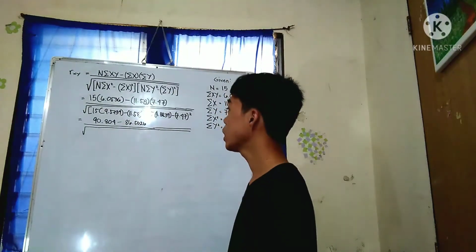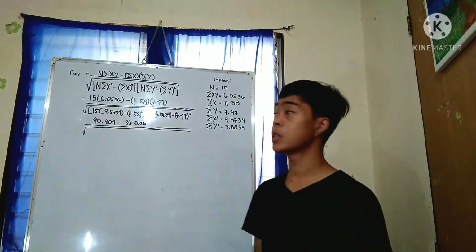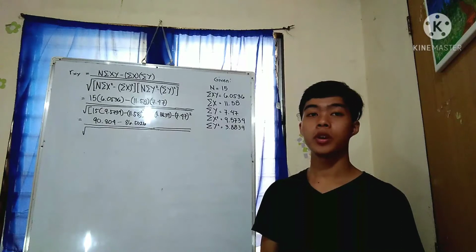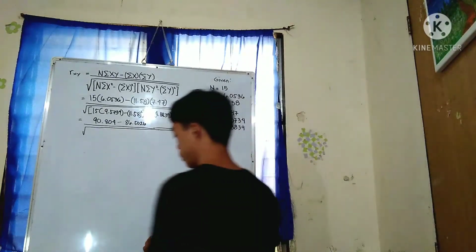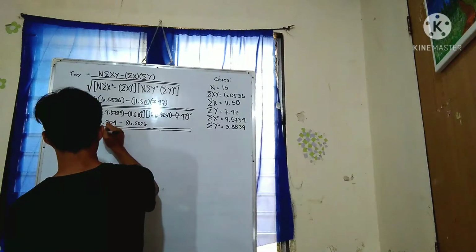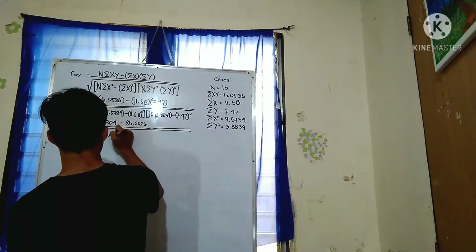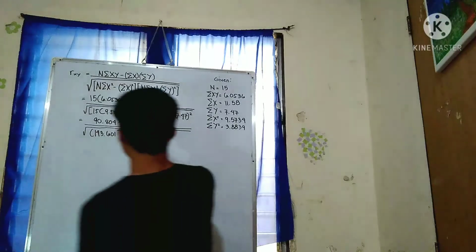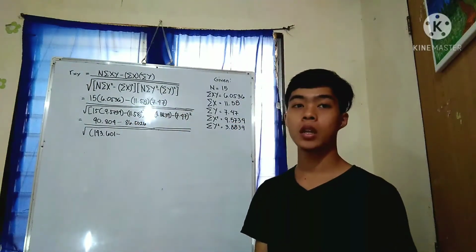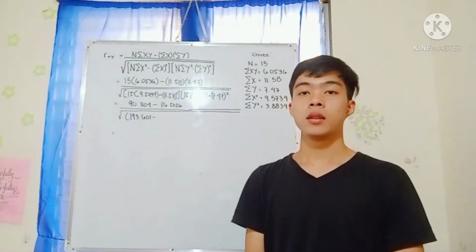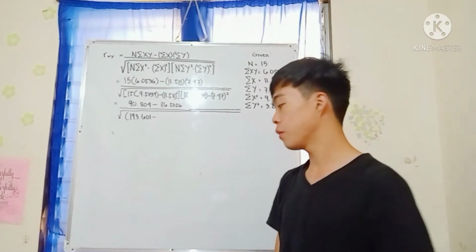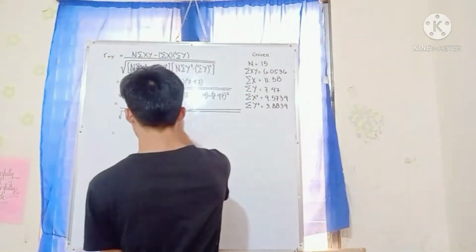So 15 times 9.5734 is equal to 143.601. Then you'll copy minus. So 11.58 to the power of 2 is 134.0964.